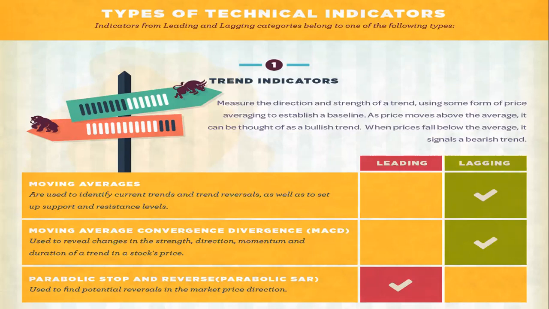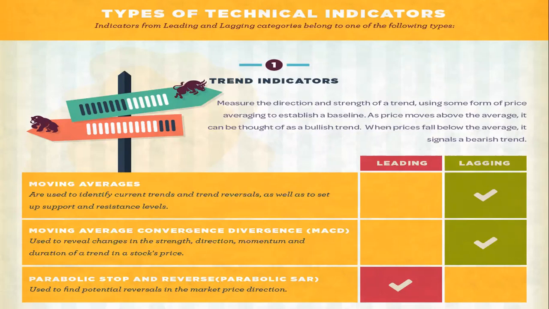But we are on the types of indicators. Please write them down. We have trend indicators. Trend indicators measure the direction. I'm reading from the screen. Trend indicators measure the direction and strength of a trend using some form of price averaging to establish a baseline.